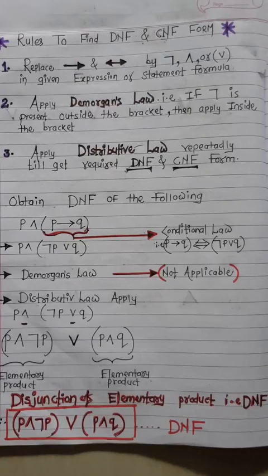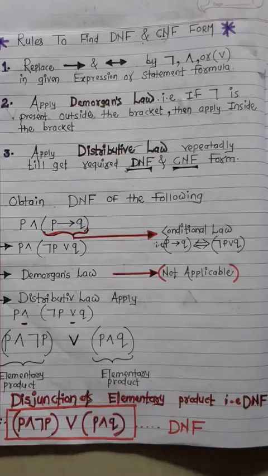Once we apply the first rule, again we have to check whether we are getting DNF or CNF form, because we have to be alert at each and every step to get the DNF and CNF form. The rules are the same for finding DNF and CNF. First step: replace conditional or biconditional by negation, conjunction or disjunction in the given statement formula.